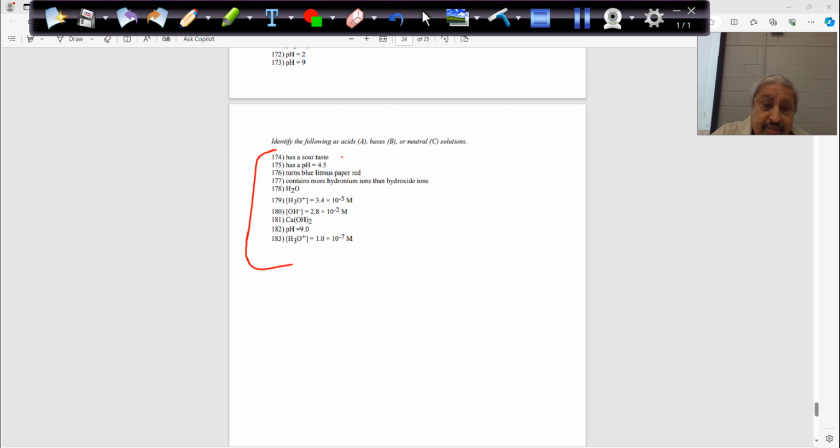So this is acidic. Turns blue litmus paper: anytime the litmus paper turns blue, you have a base. Anytime the litmus paper turns red, you have an acid. Correct? So this is a base, or basic.